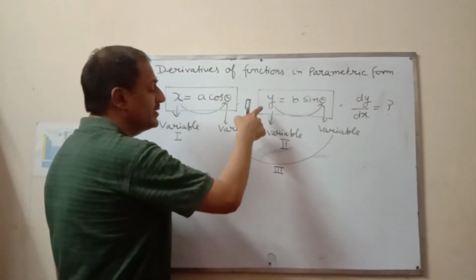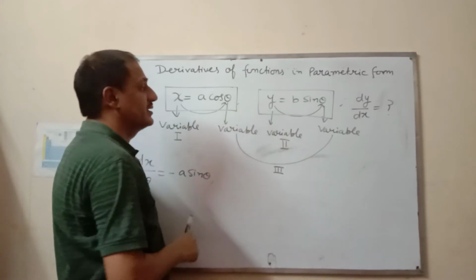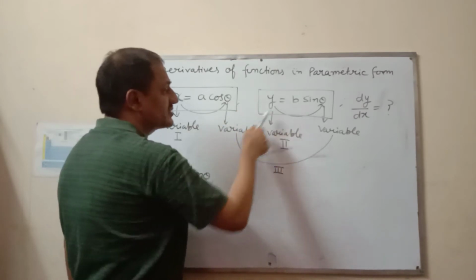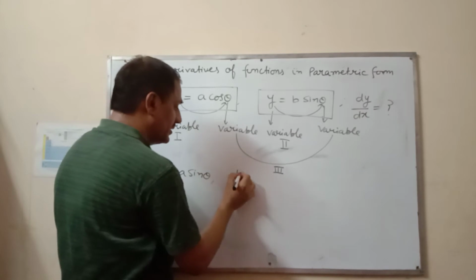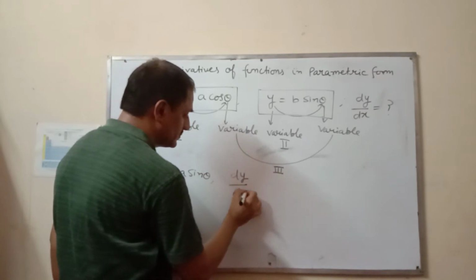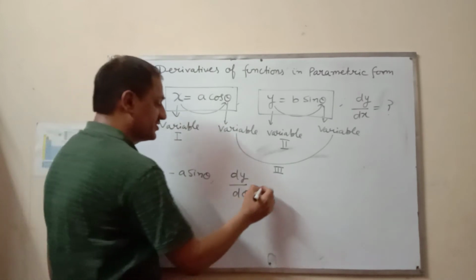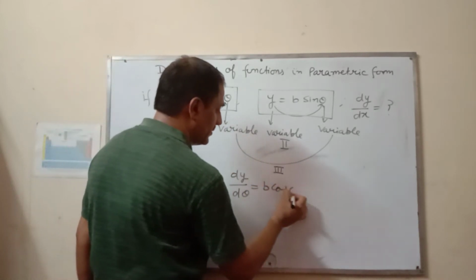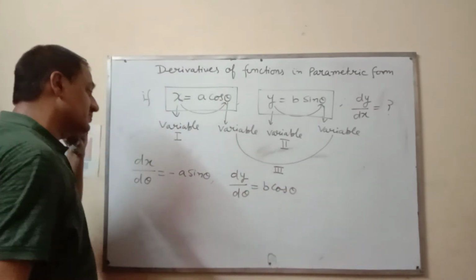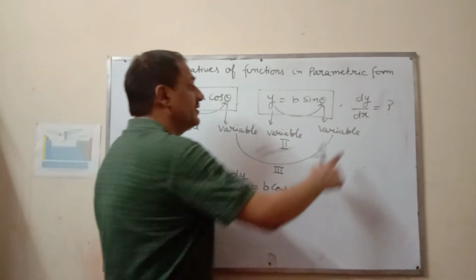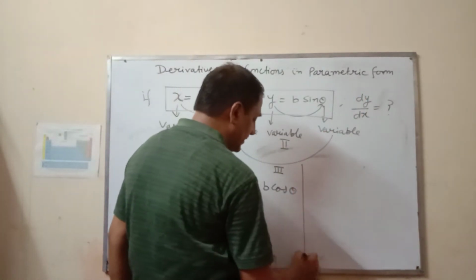I am going to find dy d theta by differentiating this function with respect to theta. dy d theta is equal to b cos theta. So how can we find the value of dy dx?